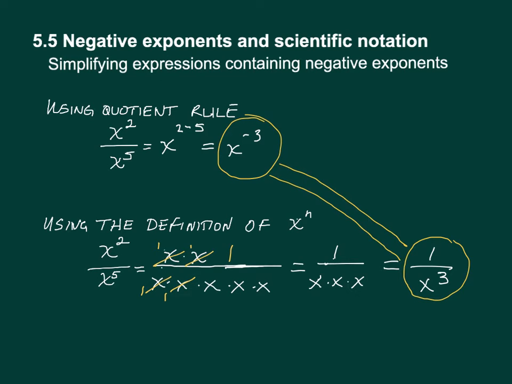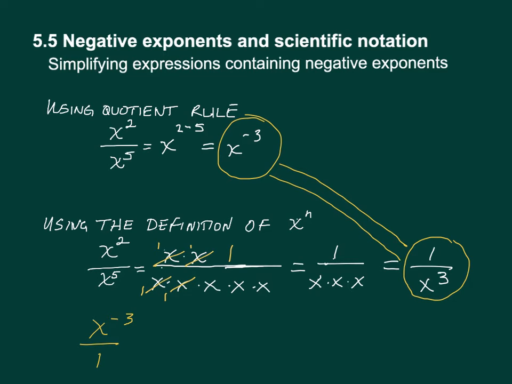Pay very close attention. Some people use a little memory tool. If you think of an expression as a fraction, so x to the negative third is really x to the negative third over 1, because any number or any term can be written over 1. Look at it, x to the negative third is in the top part of that fraction.